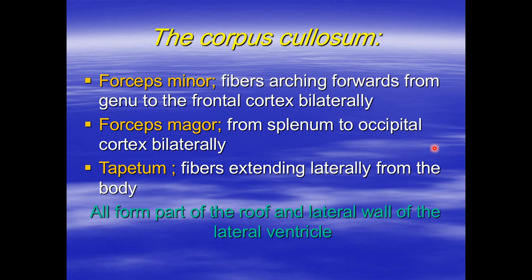Other commissural fibers that have the same function as the corpus callosum include the forceps minor, the forceps major, and the tapetum. The forceps minor are the fibers arching forward from the genu, connecting the frontal cortex bilaterally.